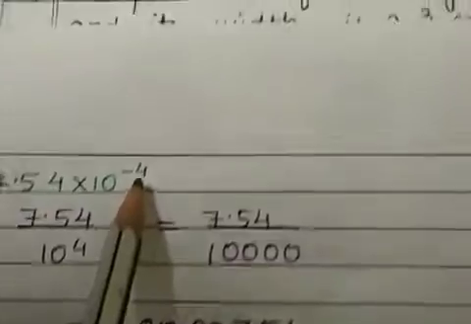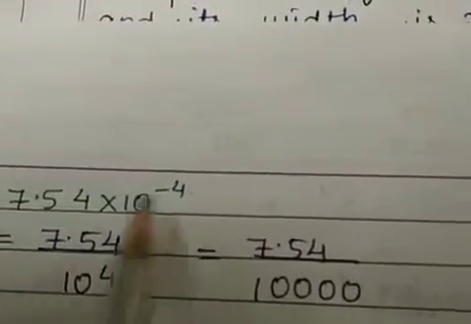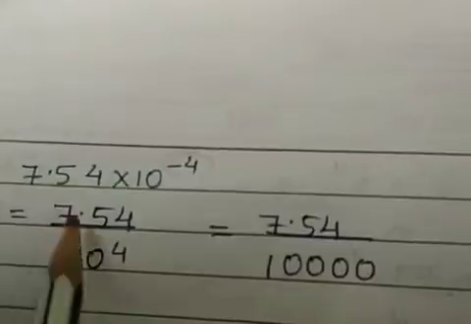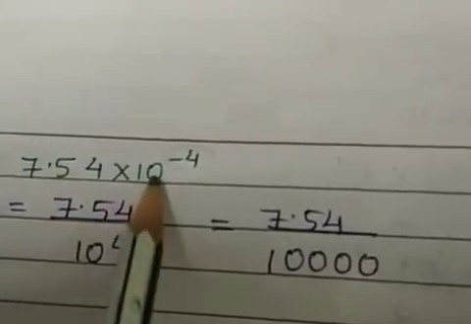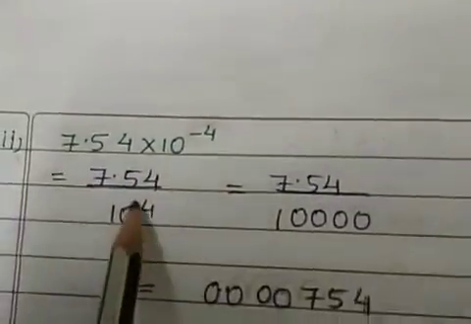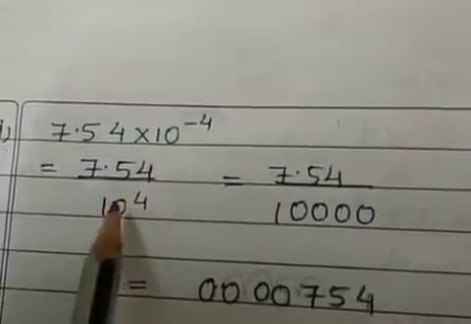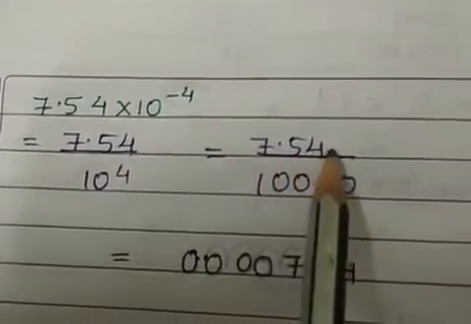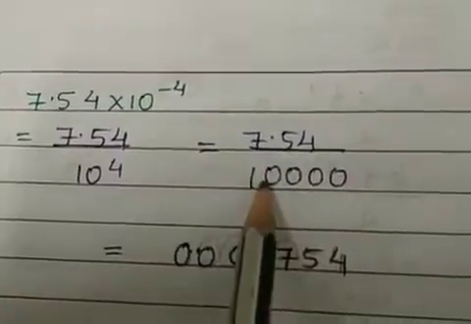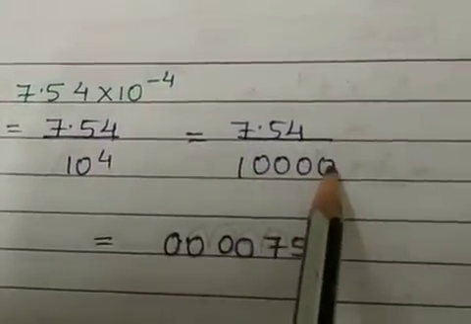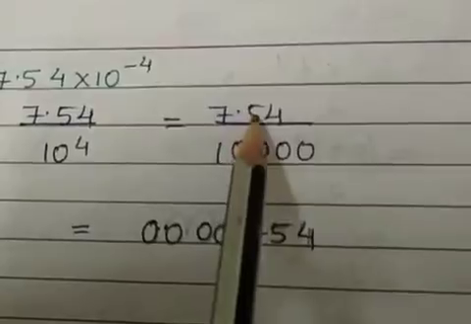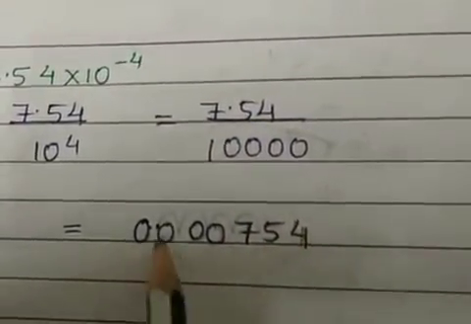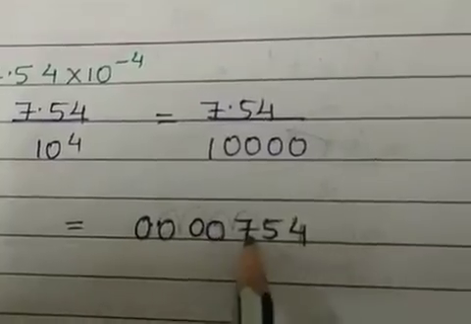Let us see the second example. 7.54 multiplied by 10 raised to minus 4. If you have a negative exponent, you write 10 raised to minus 4 as 1 upon 10 raised to 4. So this is equal to 7.54 upon 4 zeros. So 1, 2, 3, 4. When you divide 7.54 by this, I get 0.000754.